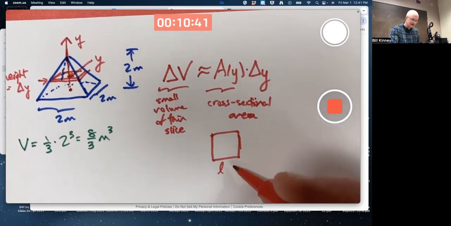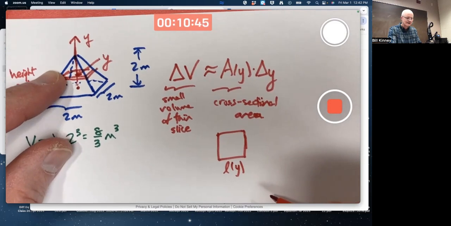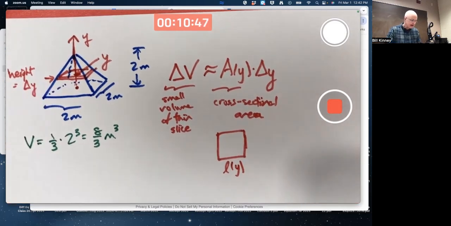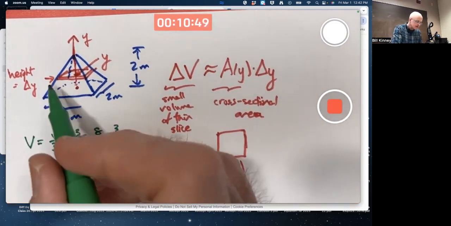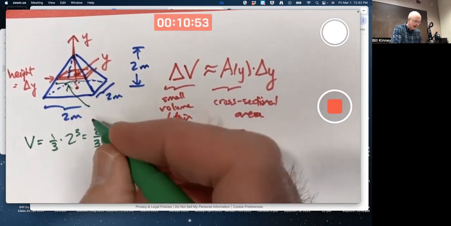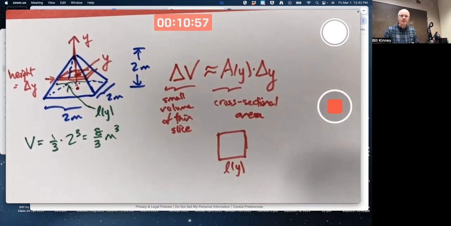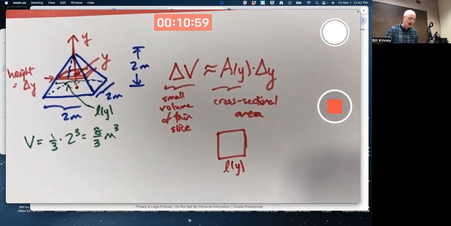So L depends on what y is. You can see it in the picture. The bigger y is, the smaller L is going to be. This distance right there, that's L. It's a function of y. L of y.